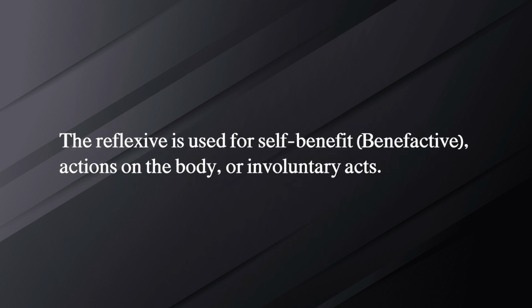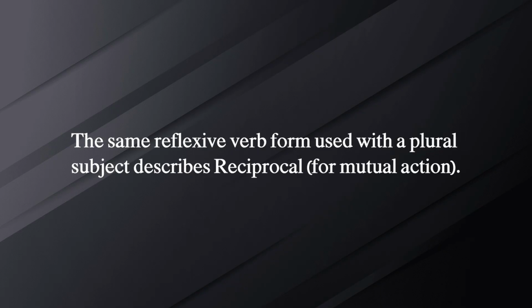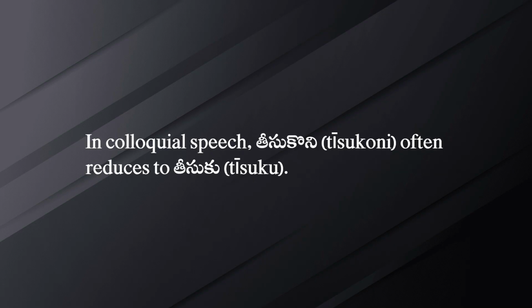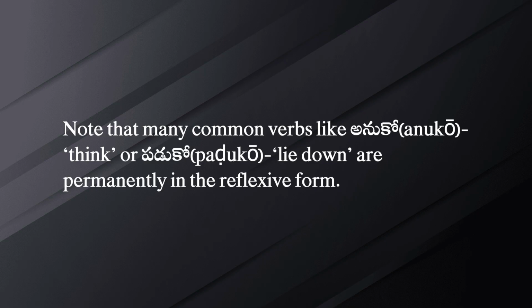The reflexive is used for self-benefit actions, actions on the body, or involuntary acts. The same reflexive verb form used with a plural subject describes reciprocal action. In colloquial speech, తీసుకొని often reduces to తీసుకు. Note that many common verbs like అనుకో or పడుకో are permanently in the reflexive form.